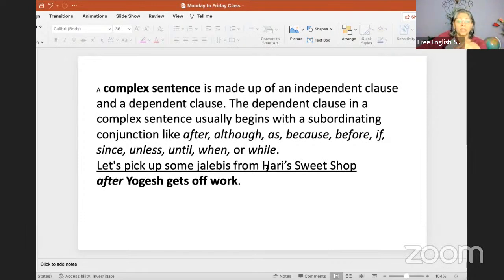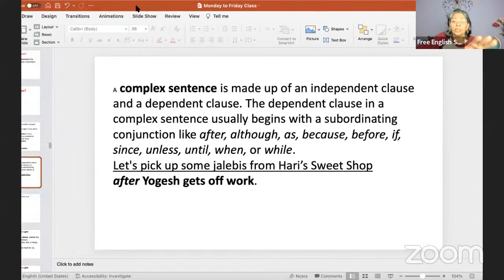Let's pick up some jalebis from Hari's sweet shop after Yogesh gets off work. Now it makes sense? Okay, let's pick up some jalebis from Hari's sweet shop after Yogesh gets off from work. So like we are together somewhere, then let's let him come too, right? So we can go together, something like that.